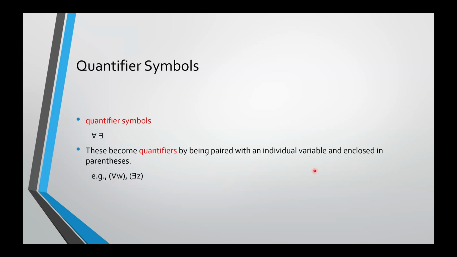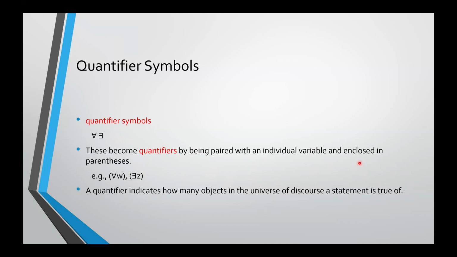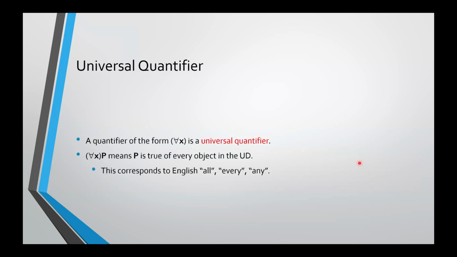Now remember that by informal convention, you can usually substitute square brackets for parentheses, but this does not apply to quantifiers. Quantifiers are always in round parentheses, not square brackets. What a quantifier does is say how many objects in the universe of discourse a statement is true of. And there are two types.